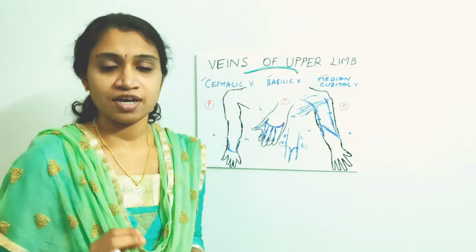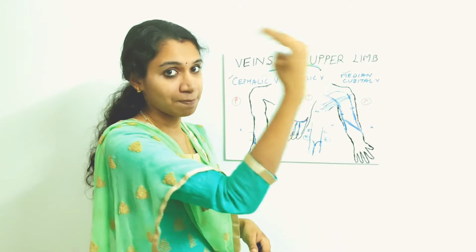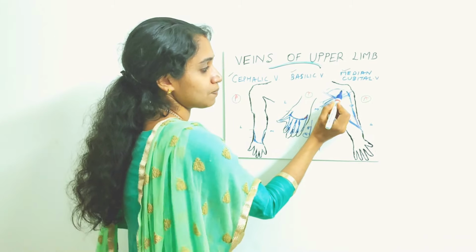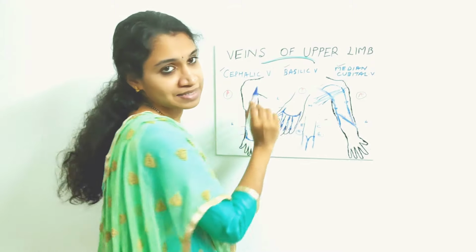Then what happens? After that, this cephalic vein will be piercing another fascia known as the clavipectoral fascia. So it will be piercing the clavipectoral fascia. Then it takes a sharp turn backwards, at an angle of 90 degrees. It is finally draining into the main axillary vein.